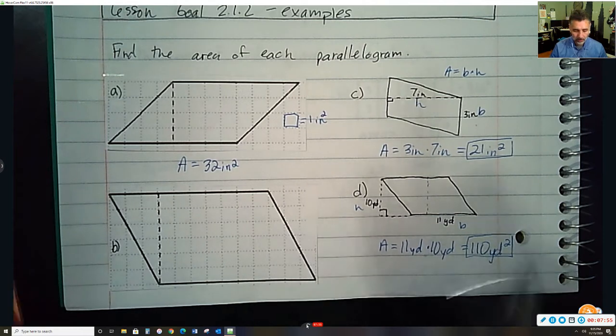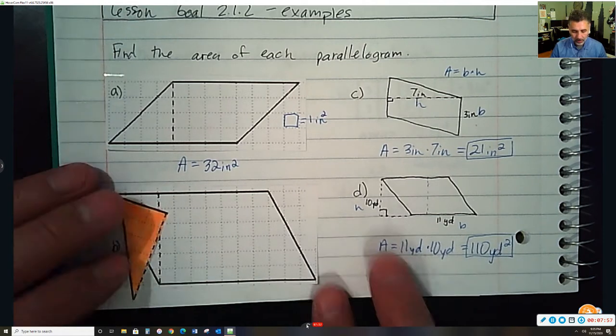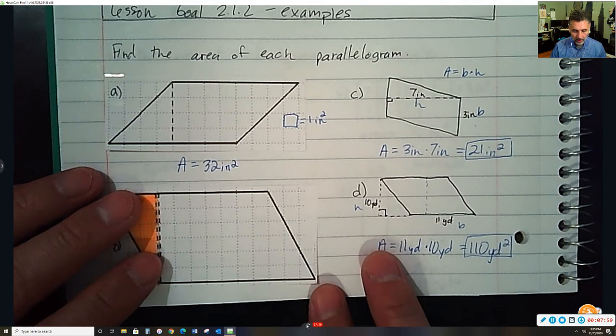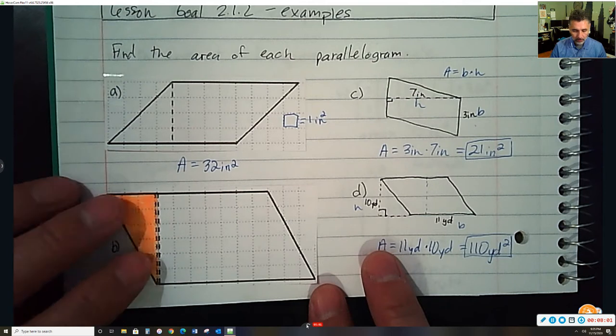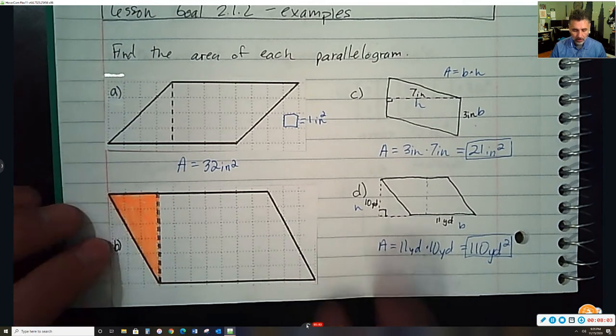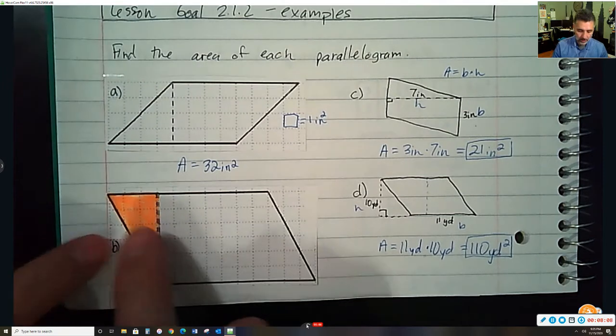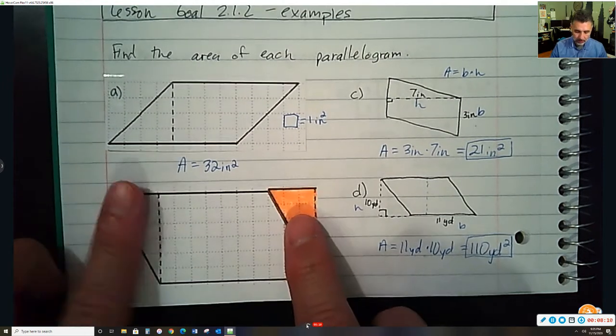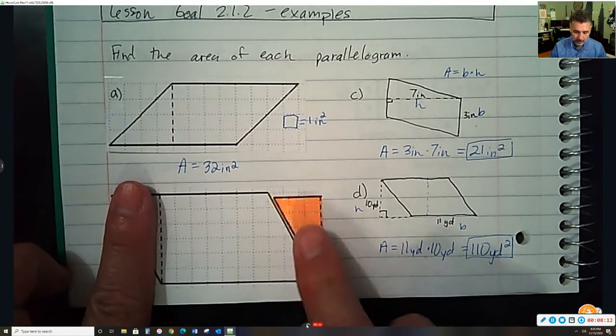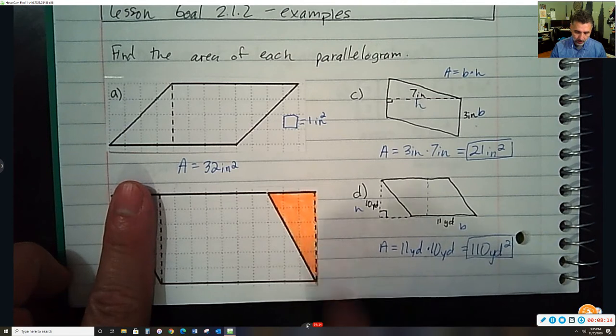So what you want to do, imagine you have that part, right? Imagine when you cut it and move it over to the other side. So it's not here anymore, but it's over here. And now those little squares get filled in, and then you can just count these.